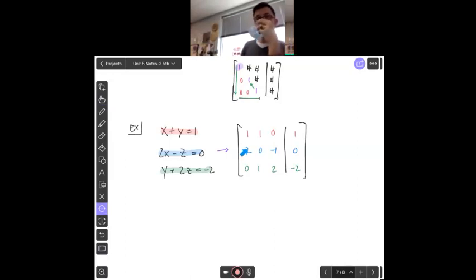How should we make this a 0? Row 1 times -2 plus 2. Okay. So turn that into a -2 and add it to this. What else could we do to make that a 0? Okay, you're saying we can flip the rows?